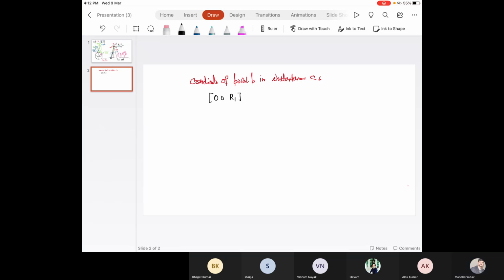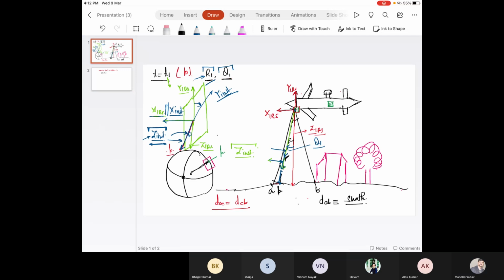If you want to measure it in the IRS, what should be done? You need to multiply it by a rotation matrix about the x-axis by angle θ1.